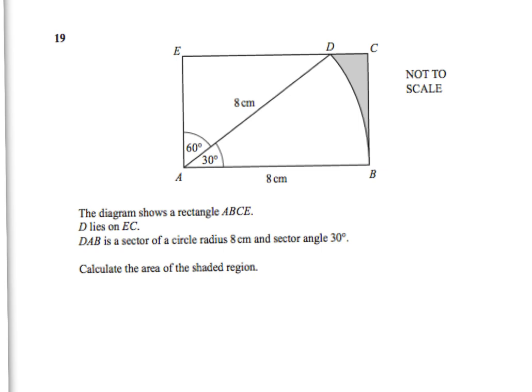So area of sector equals the central angle over 360 times pi r square. So pi times 8 square.